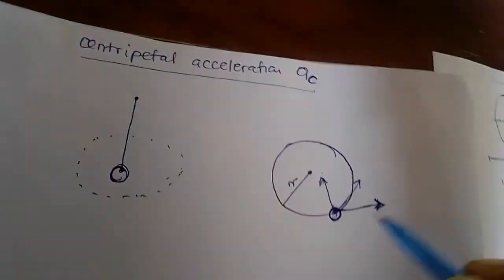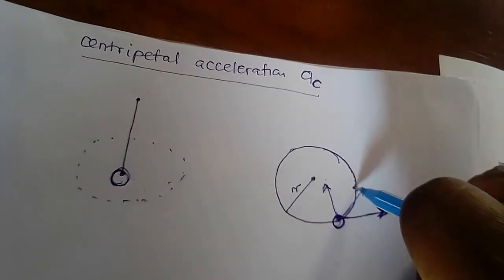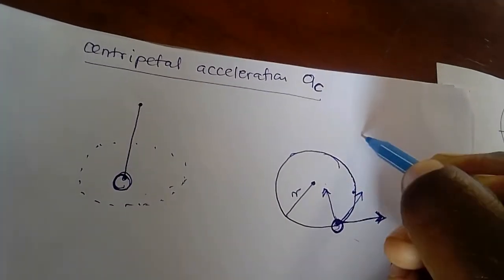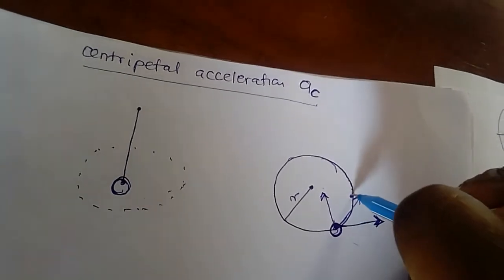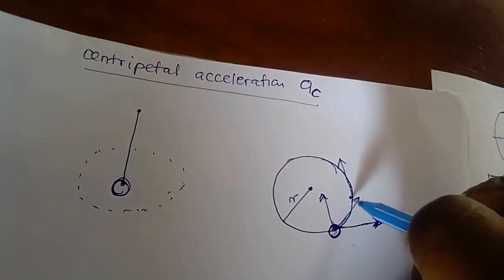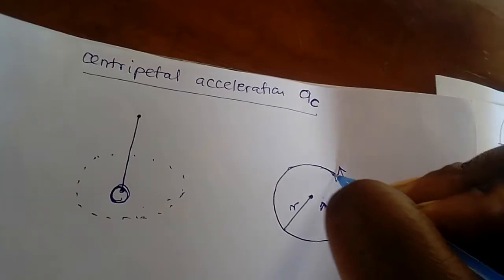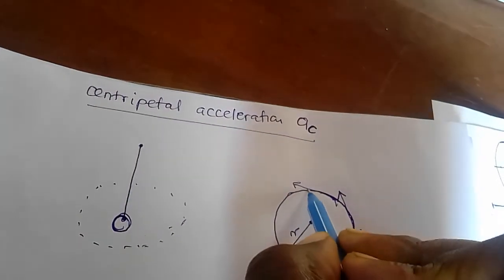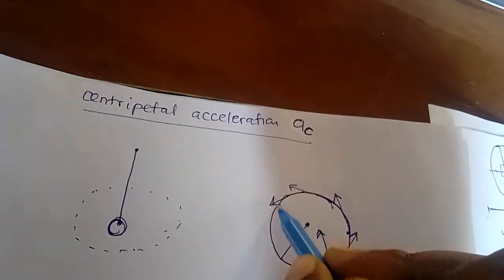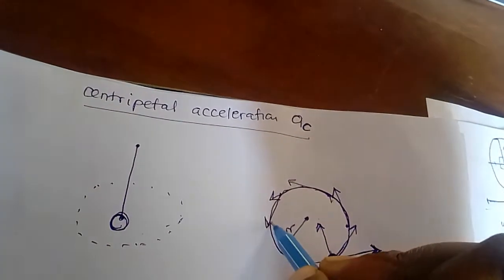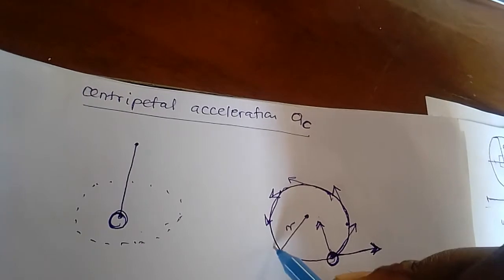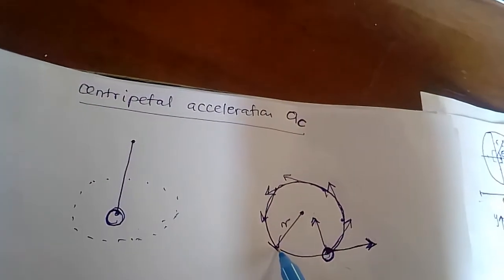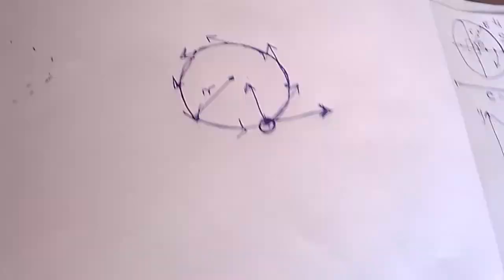When it reaches this point, instead of going in this path, it follows this path, right? Again here it will follow this path. Another point, this path. So if you look at it, it's changing its speed, right? Sorry, not speed, its direction keeps changing.